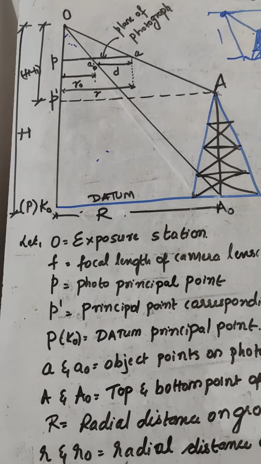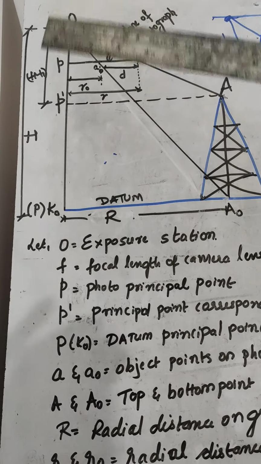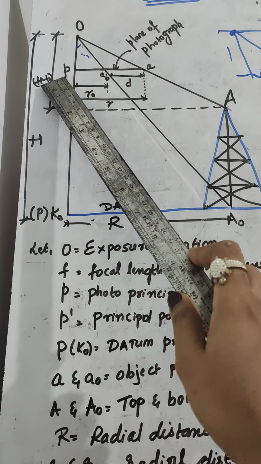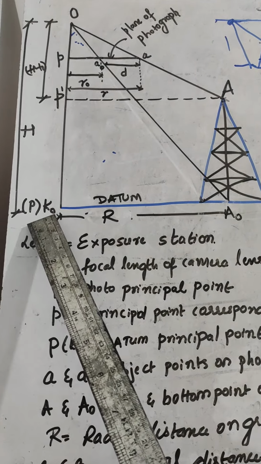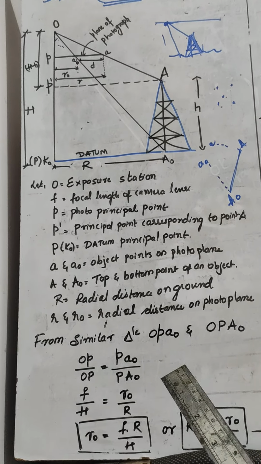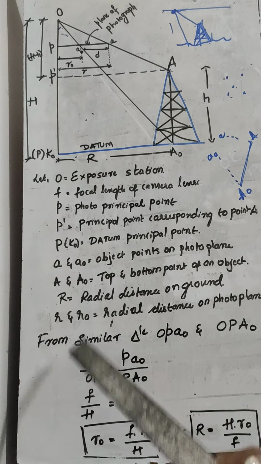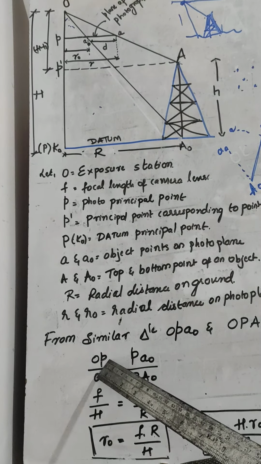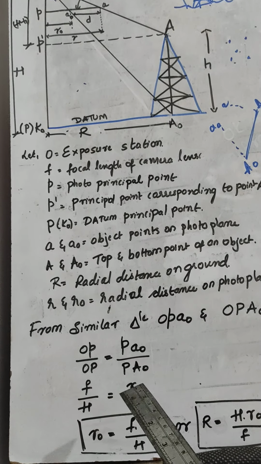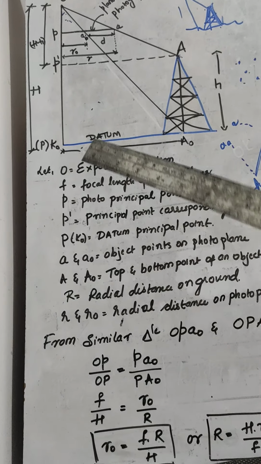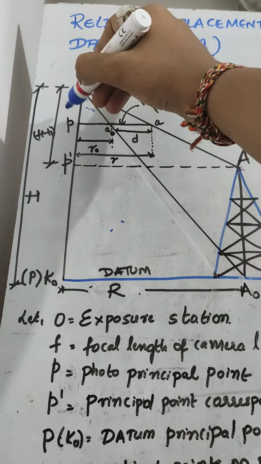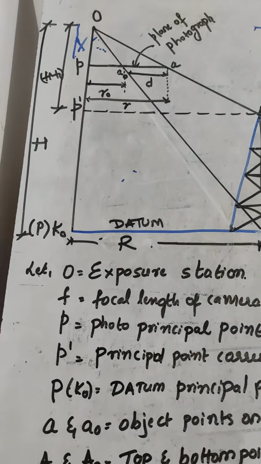According to similar triangles, we can write Op by OP, that is O small p by O capital P, and afterwards small p a naught divided by capital P capital A naught. You can see it here: O small p, O capital P, then small p a naught, capital P capital A naught. According to the diagram, oh okay, this I have not mentioned here. This distance, the Op distance, is taken as the focal length.